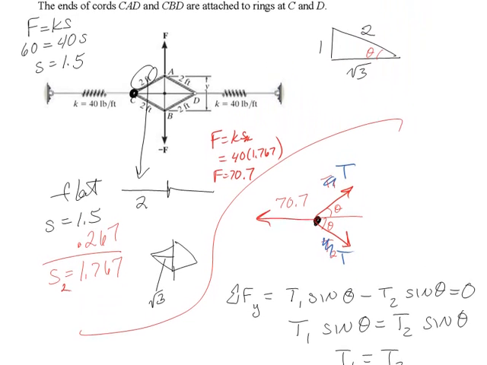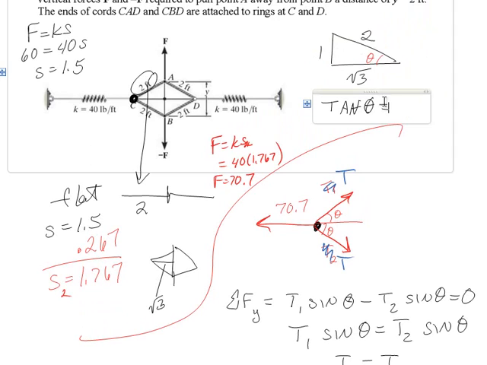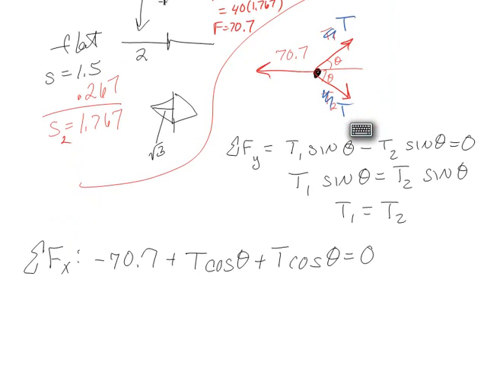Now I think I can figure out what theta is, because the tangent of theta is opposite over adjacent. It's 1 over square root of 3. That means 30 degrees. So 30 degrees.